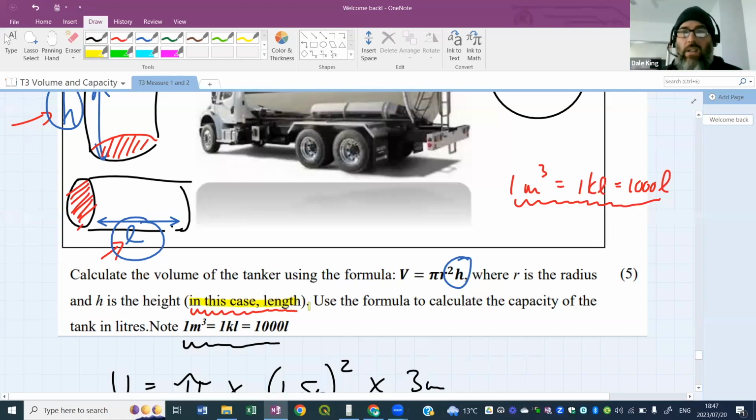They just leave it, and you've got to know that in this case, it's a cylinder lying down, and the length they're talking about is the height that the formula wants. Otherwise they write this little bracket, but often they don't, so you've got to not be confused.